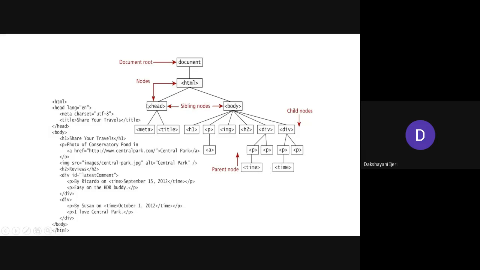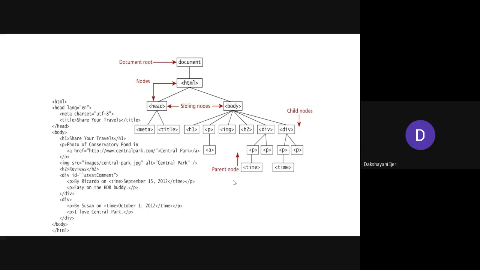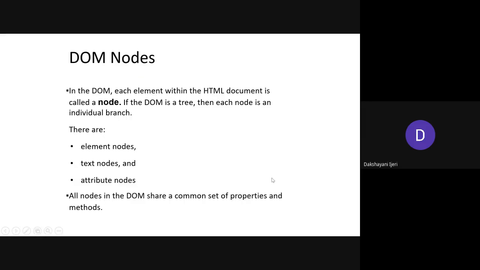So this is the tree structure that can be constructed with any HTML page, and this is helpful for the JavaScript to interact. Okay. So now how does the document object model know that it has to interact with these tree structures? It has its own terminology named element nodes, text nodes, and attribute nodes. Again, these are not at all anything new over here.